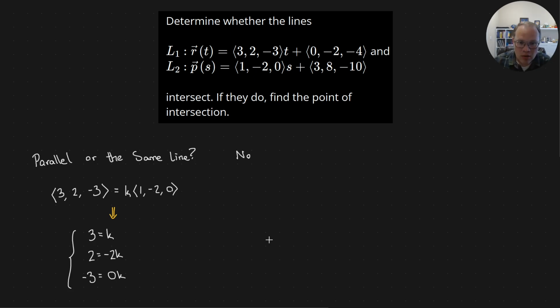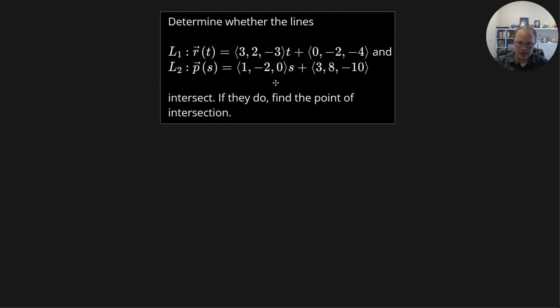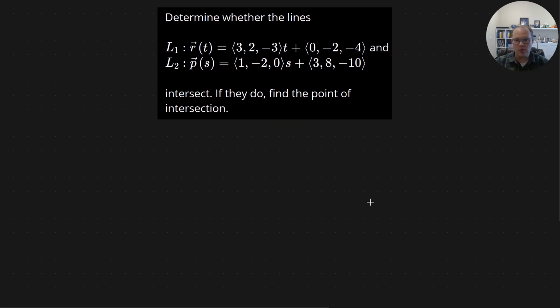So if they're not parallel and they're not the same line, that means they either intersect or they are skew. So let's test that next. Do they intersect? Again, let's get a fresh page because I want to be able to see those equations. So intersect next. If they're not parallel and they don't intersect, then they must be skew.